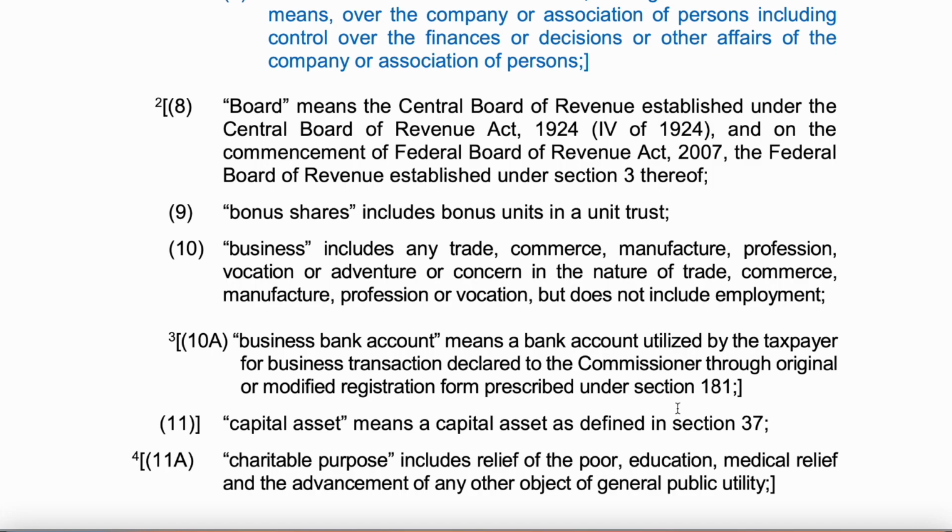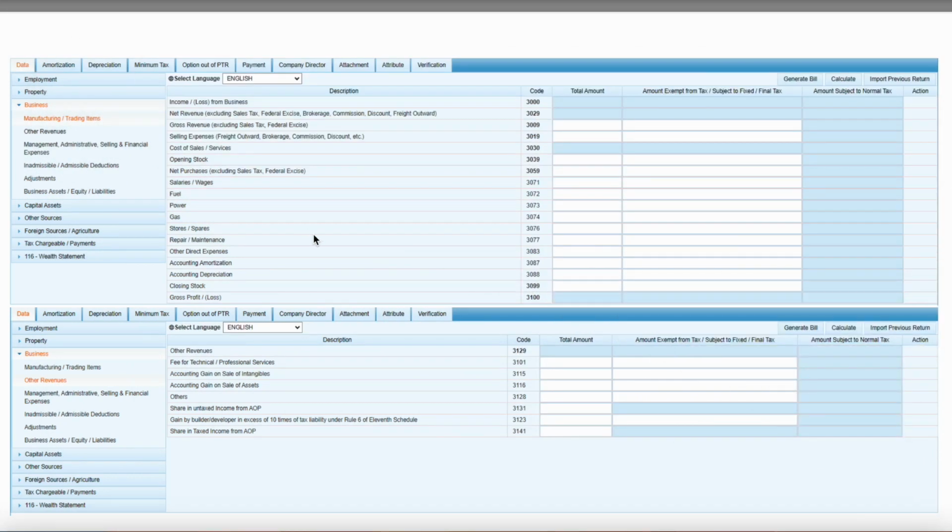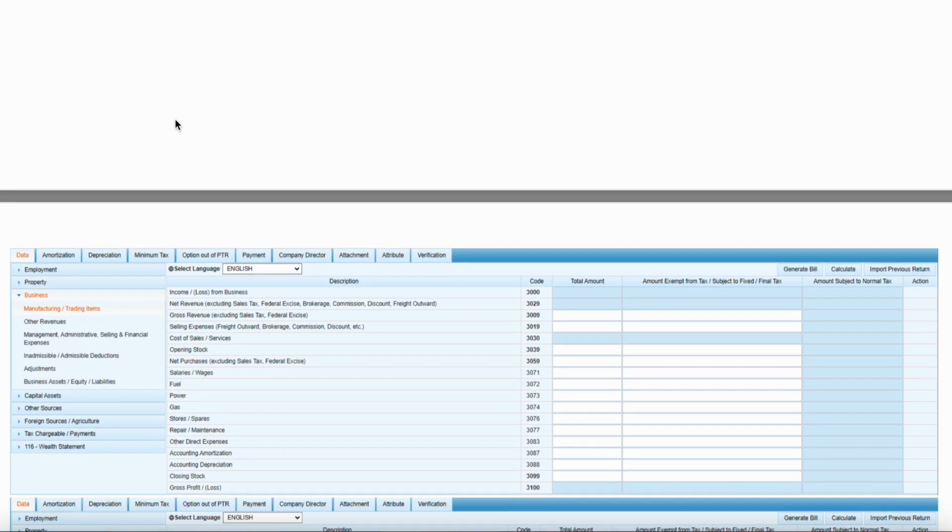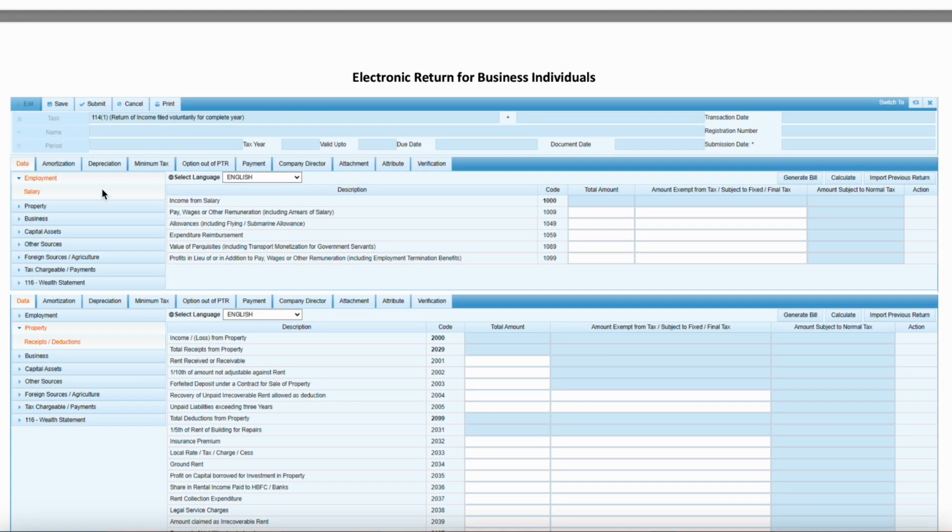So if we take the tax return, you will have to fill the salary part, and the salary will come here, total amount, and it will not be exempt. Whatever your school, college, or university pays, you will show here in the normal business individual salary under the head salary. Total gross, for example, 800,000 or 1.5 million, or whatever the amount, you will show here as pay, wages, and other remuneration. And this will be your salary amount.